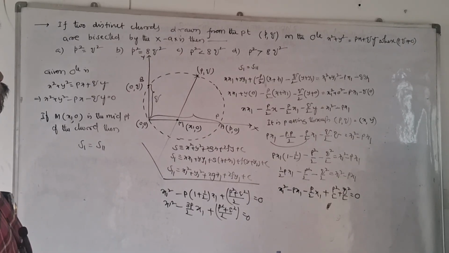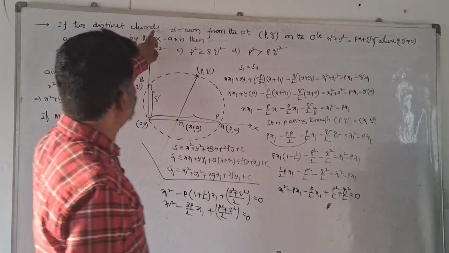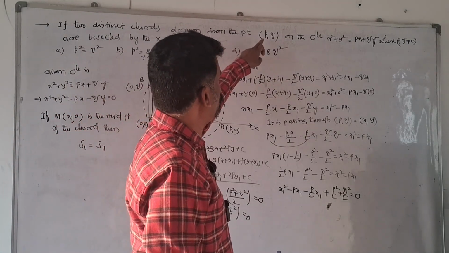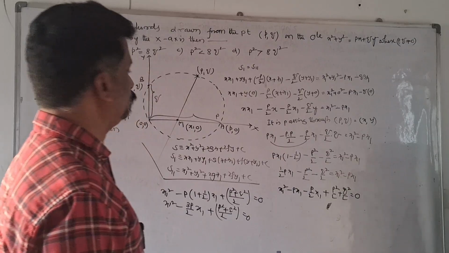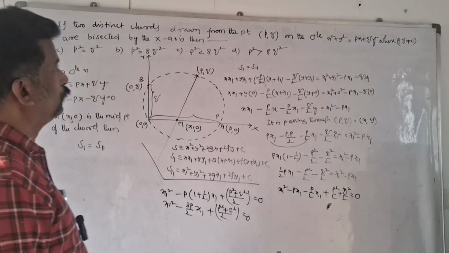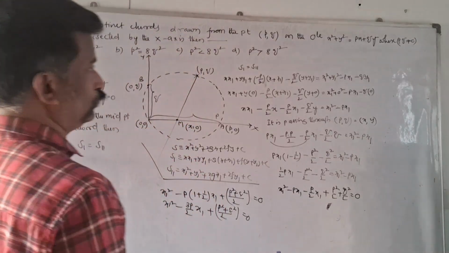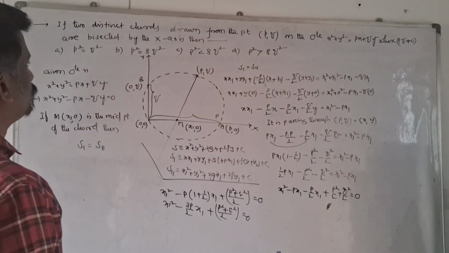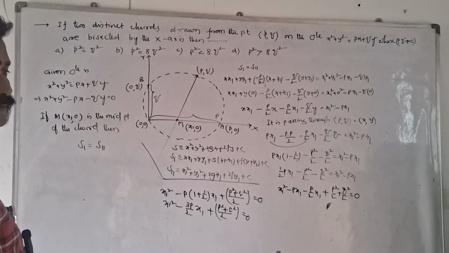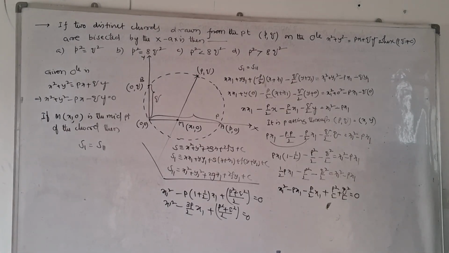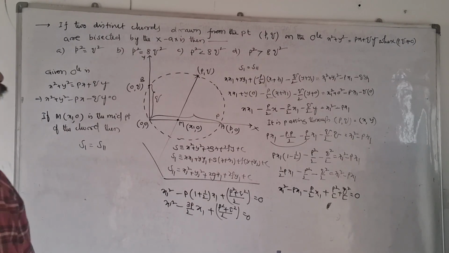So here, if two distinct chords drawn from the point P(alpha, beta) on the circle x square plus y square equal to px plus qy are bisected by the x-axis, then what is the relation?